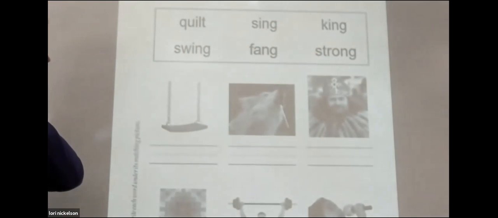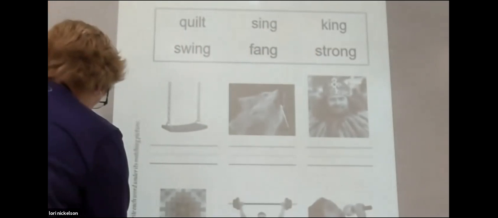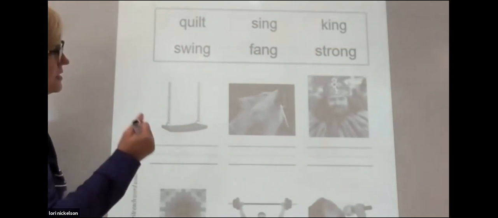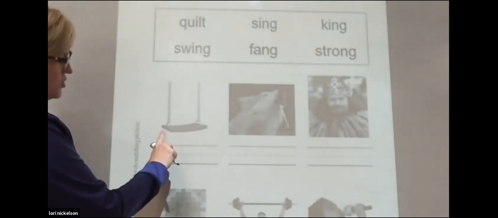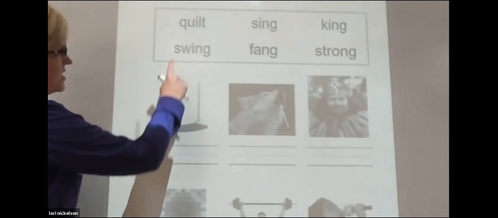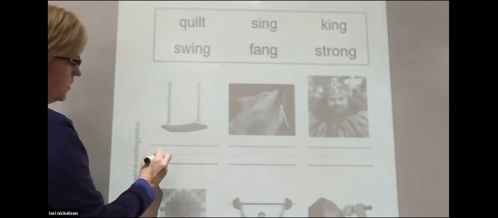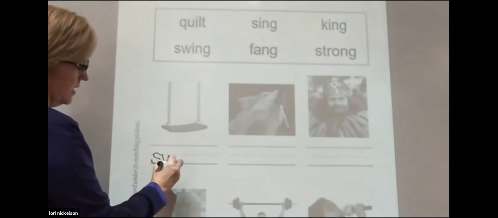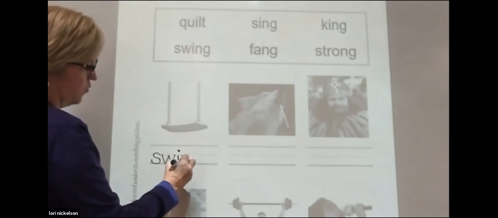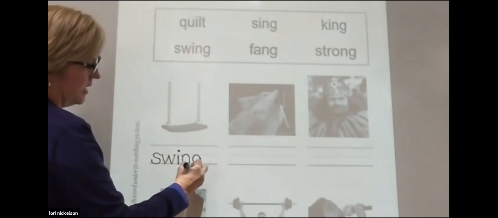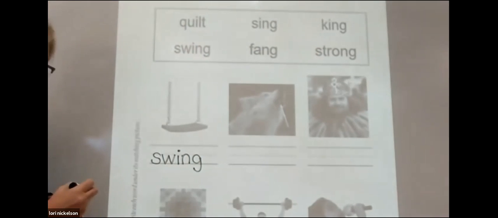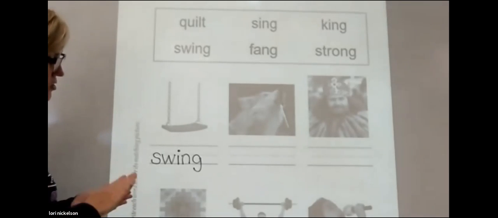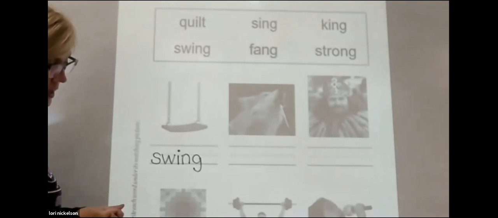I will do one for you. If I come here to this first picture, this picture of a swing, I come up here and find swing, and notice I'm writing it the way it looks, and it's all in lowercase letters. There's no uppercase letters involved with it. So make sure you're using lowercase letters when you write your words, okay?